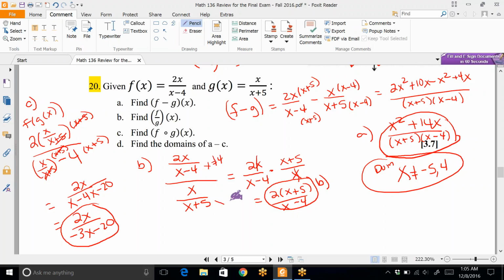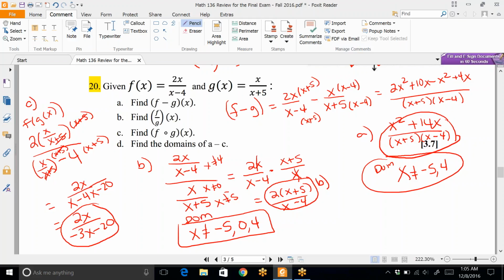We can't have negative 5 because of this. We also can't have 0 because this is in the denominator of the big fraction. So my domain is going to be not negative 5, not 0, and not 4. So that's my domain on that one.